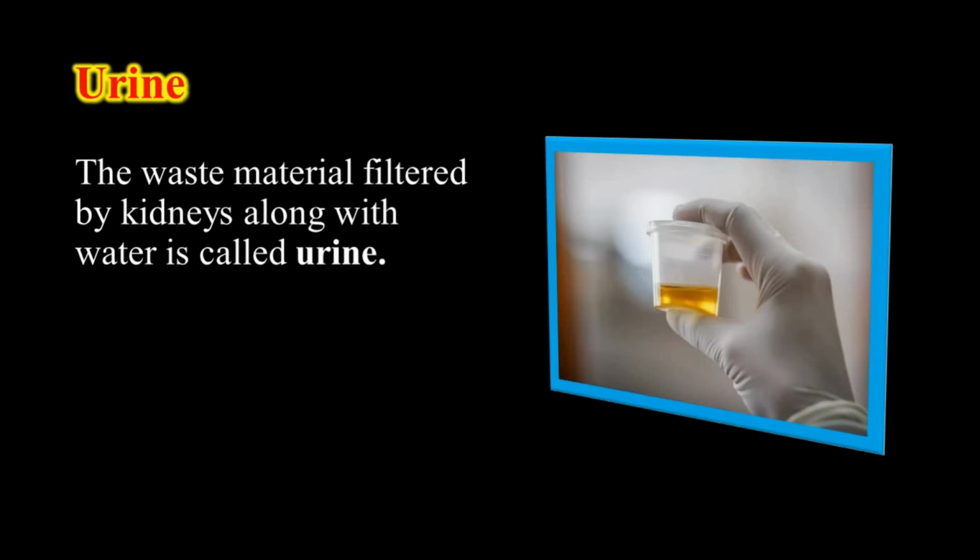And now let us understand about the urine. What is urine? The waste material which is filtered by the kidney along with water is called urine. The urine is pale yellow in color. And students, did you know that an adult person excretes about 1 to 2 liters of urine per day?